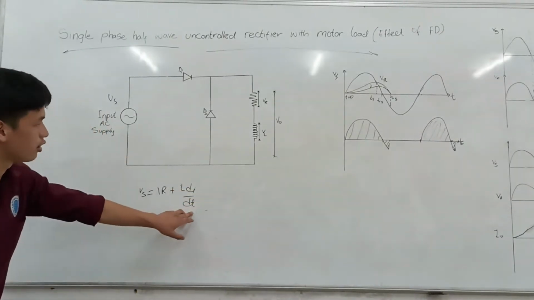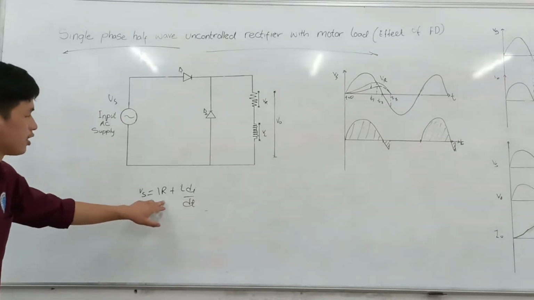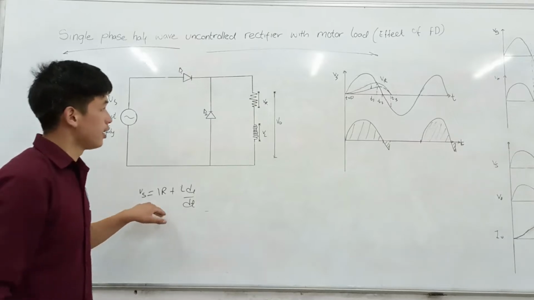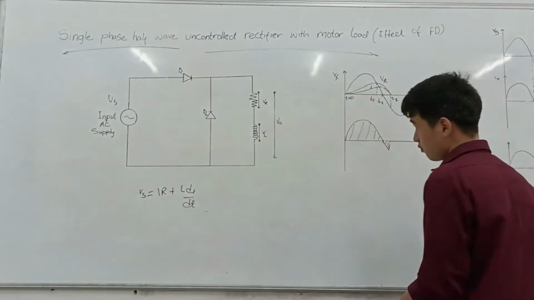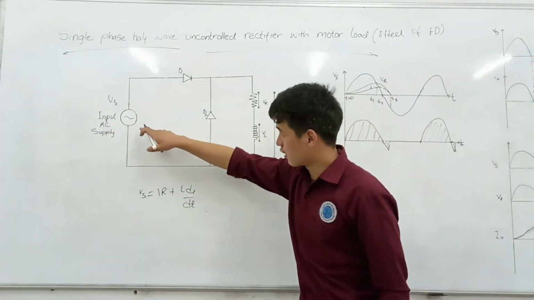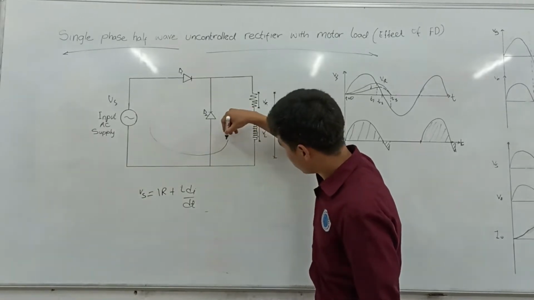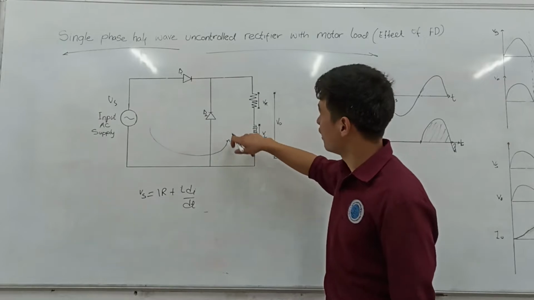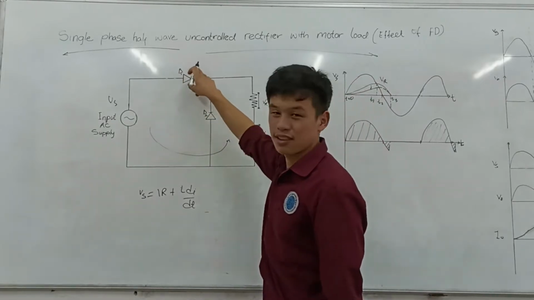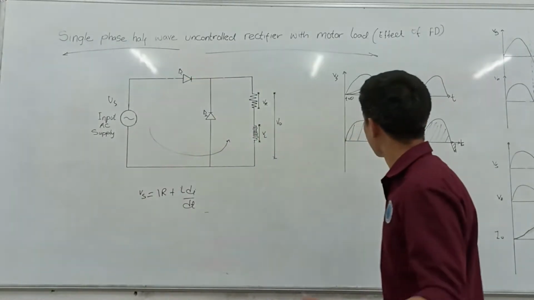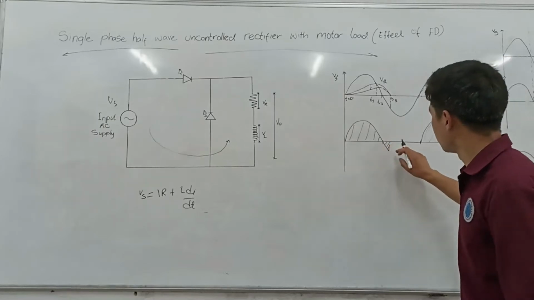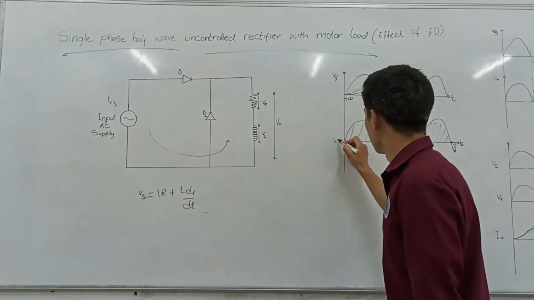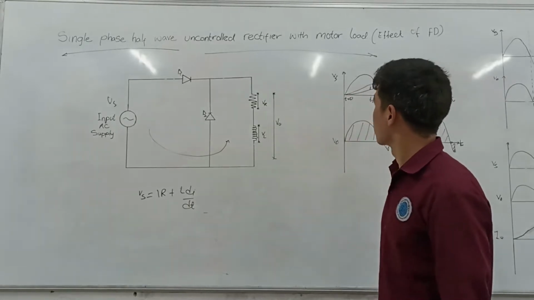This is the inductive voltage, whereas this is the voltage drop across the resistance. During the negative half cycle, the flow of current is in this direction, and we see that D1 is reverse biased. As a result, there is no voltage registered at the output of the load.